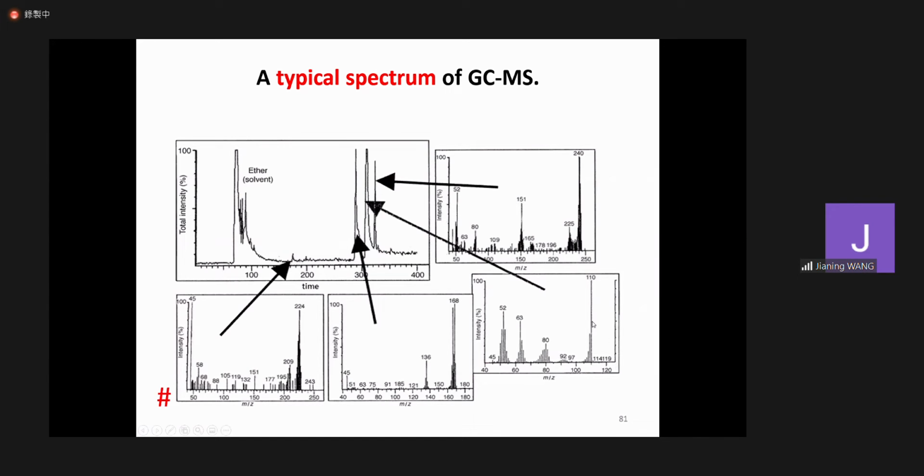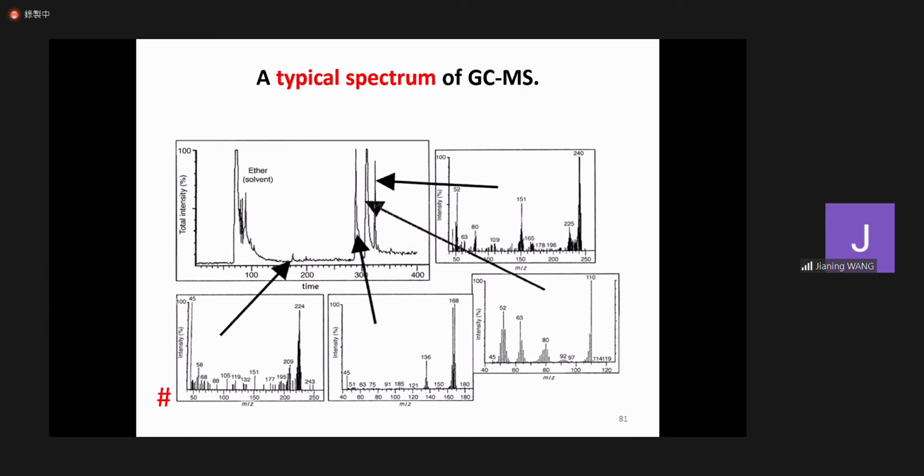not only see the composition of one peak. Because from the video you also notice that they have a collision cell, we can furthermore fragment some specific molecules.